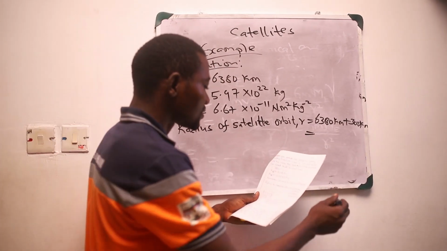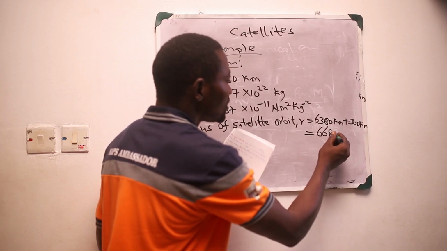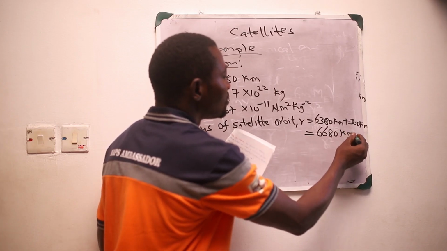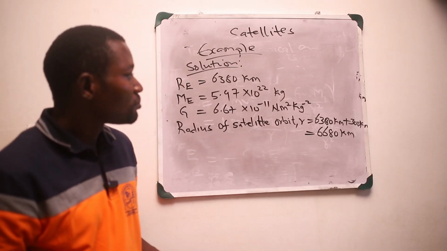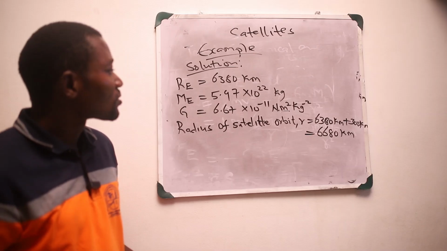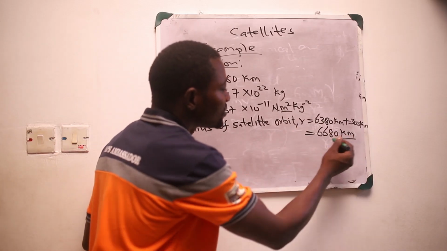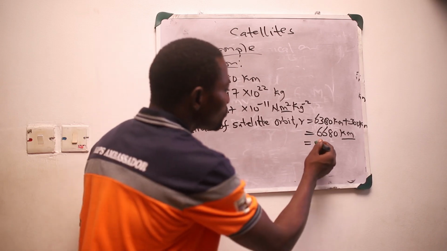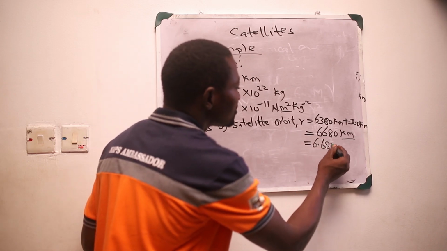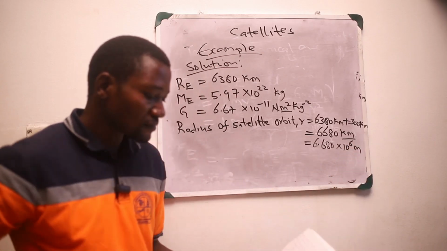So if you add this, you have 6680 kilometers. But the unit of distance in the gravitational constant is meter, so we need to convert this to meters too. So we'll have 6.680 times 10 raised to power 6 meters.